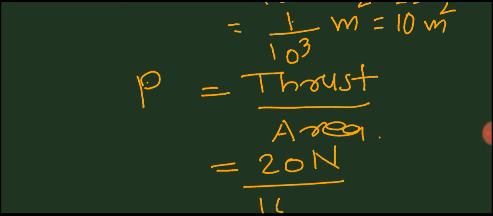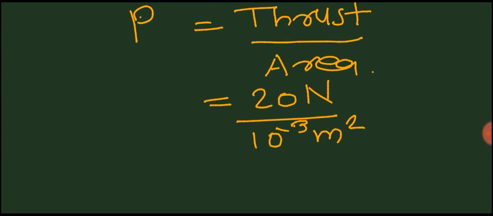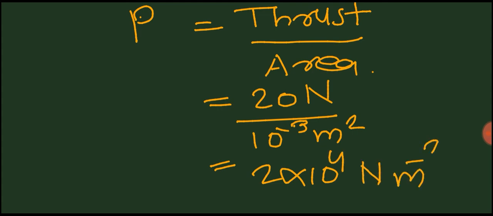Area is 10 raised to minus 3 meter square. So by calculating these both, we will get the final answer 2 into 10 raised to 4 Newton per meter square. Okay students.